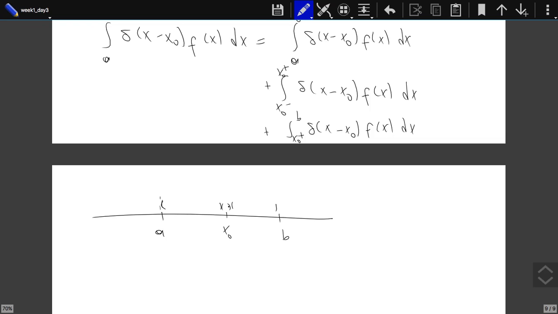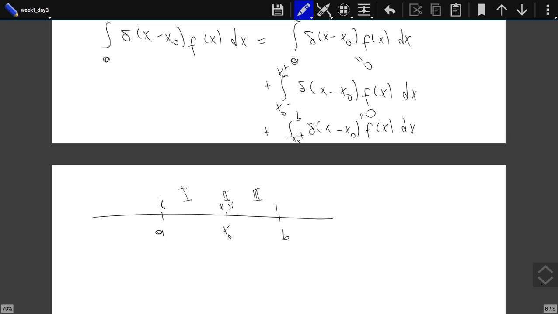That's what's special about x0. In the first region, Dirac delta is always 0, so the integral is 0. In the third region, again, the Dirac delta is always 0, so the integral is 0.